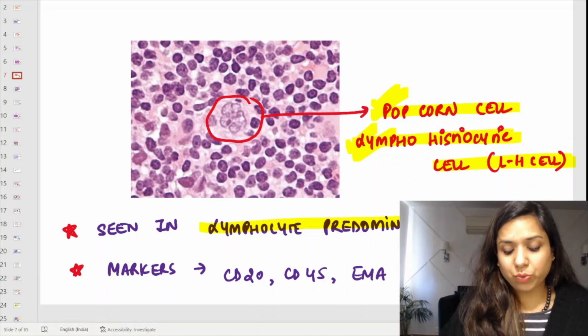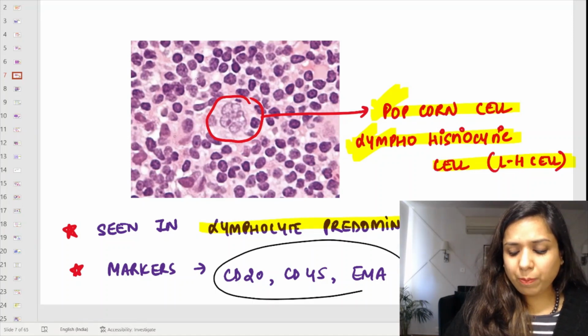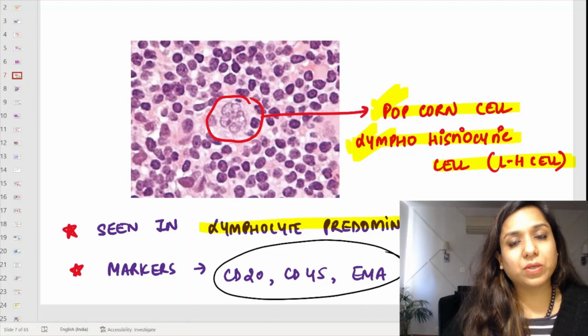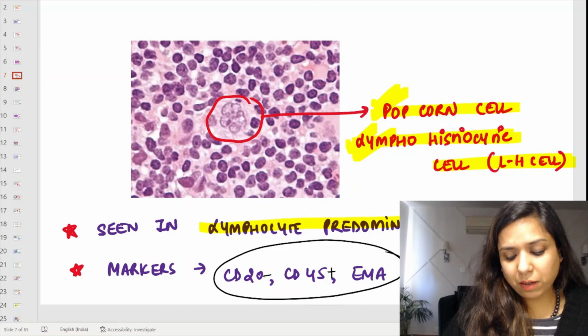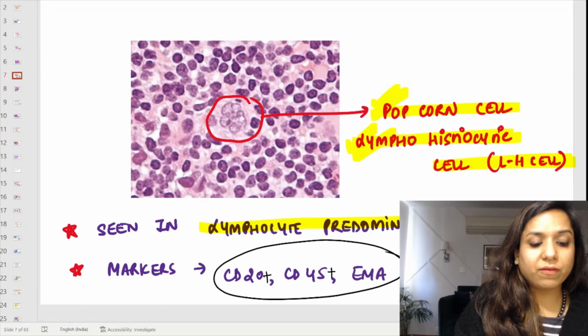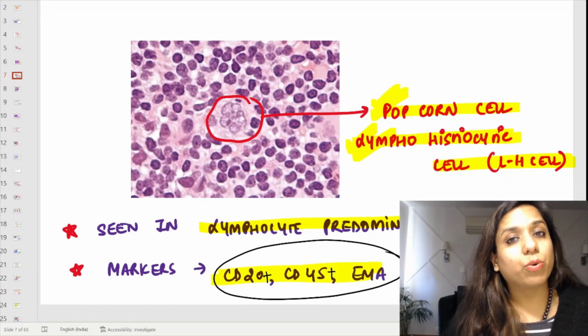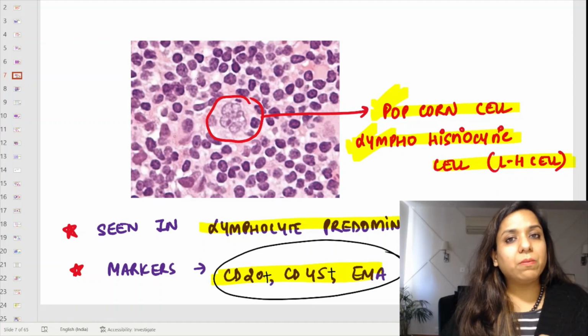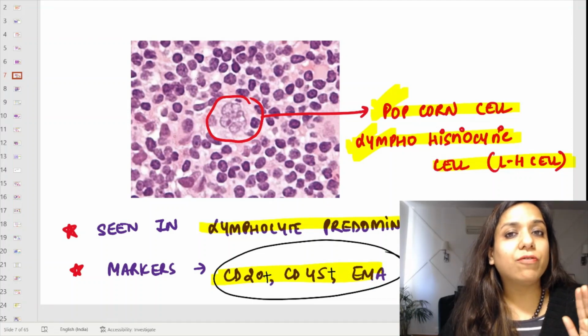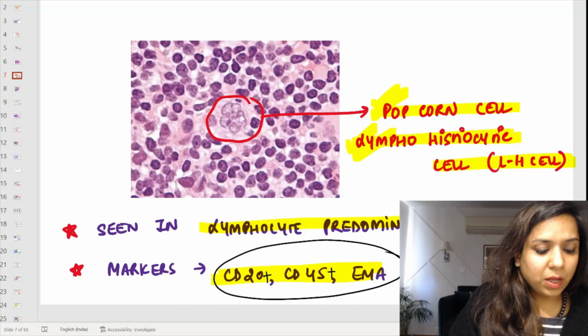What are the markers for that? CD20 positive, CD45 positive, and epithelial membrane antigen positive. That is a very, very important point which you need to know. Correct? Now you will not make a mistake for any of the types of Reed-Sternberg cells, right?